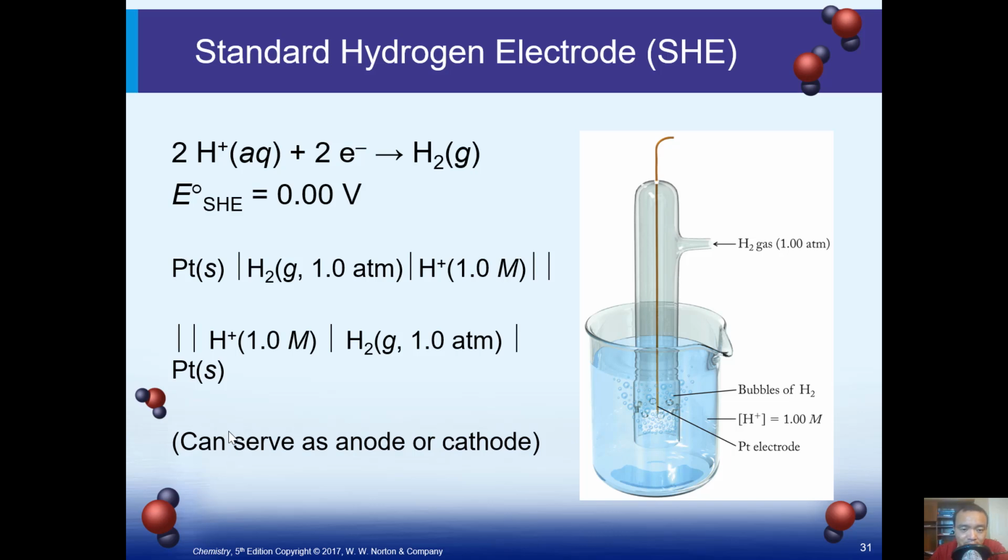Have you ever wondered how we put together the table of reduction potentials that was initially shown in the previous slides? We actually arbitrarily assign the standard hydrogen electrode reduction potential to be 0. Then we compare all other reduction potentials with the standard hydrogen electrode. In this way, we can measure the other half-cell reduction potentials.